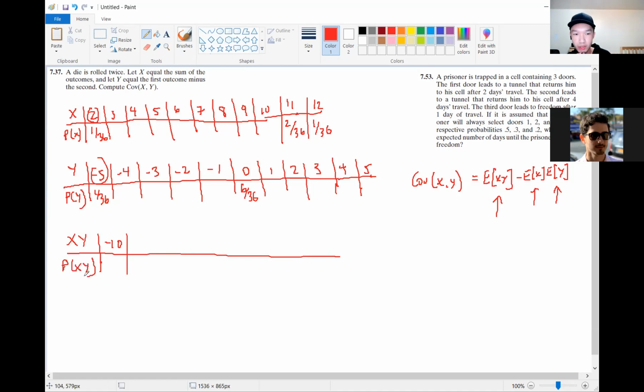So for example, what is the probability that you get a sum of 2 and a difference of -5? That's what I have to think about. So that would be how you would fill out this table.